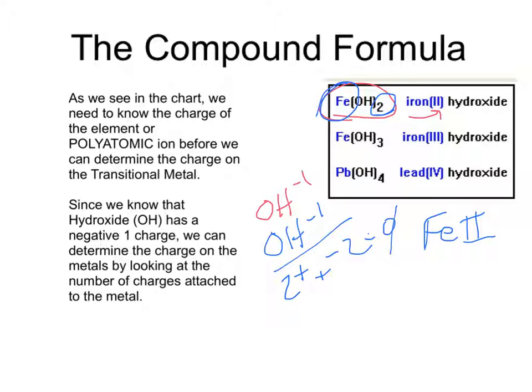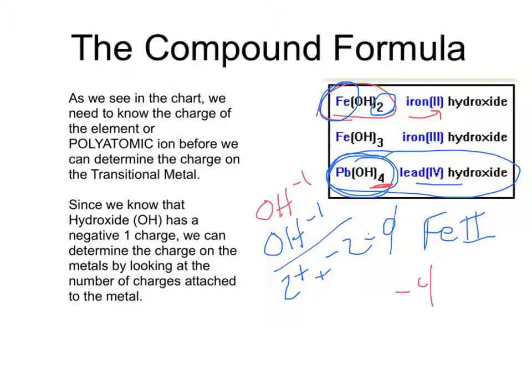If I look down here to the lead, and I just have the formula, only looking at the formula, I don't know what this is, I'm asked on a test to actually create this, then I would say, okay, hydroxide. We know hydroxide has a -1 charge, just as we showed up before. But now, as you can see, I have 4 of them. So that means I have a -4 charge.